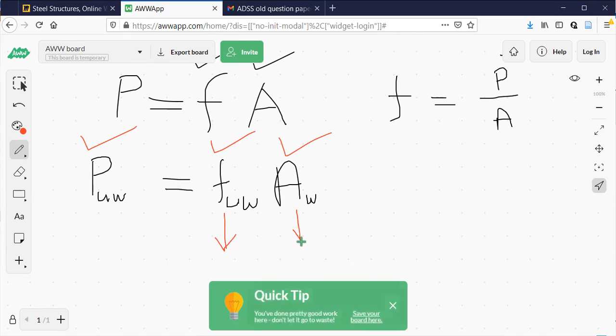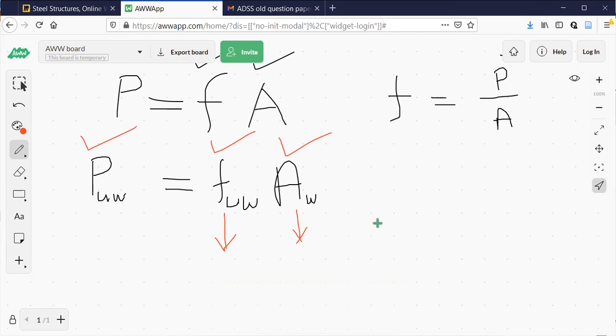There is one method for calculating area of weld. So area of weld is length into, usually you can see in an area there will be two dimensions. One is length, and the other is another dimension which is perpendicular to the length.